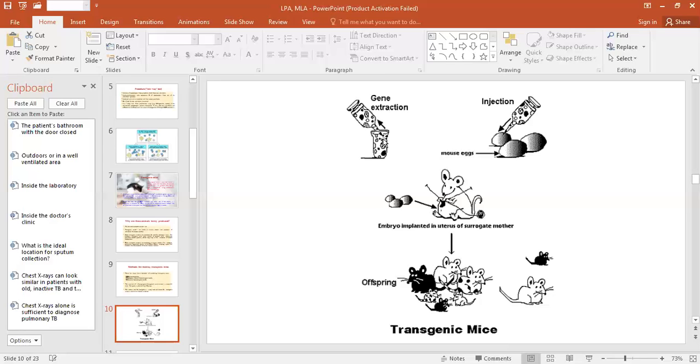The mouse grown from the host embryo is known as a chimera and is formed from the embryonic cells of two different mice. Some of the sperm produced by the chimera will be transgenic, containing the foreign DNA, and when this sperm fertilizes a normal egg, the mouse which grows from it will be fully transgenic, with foreign DNA in every cell.